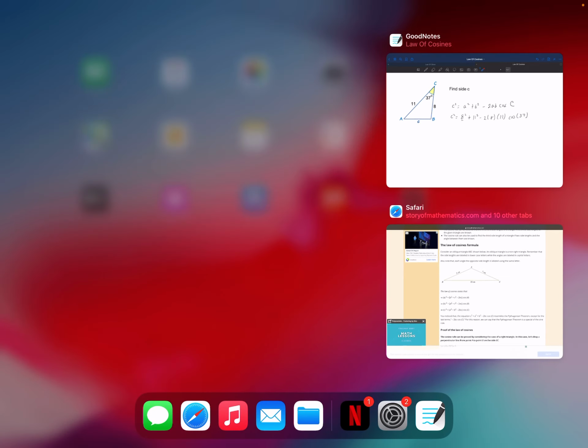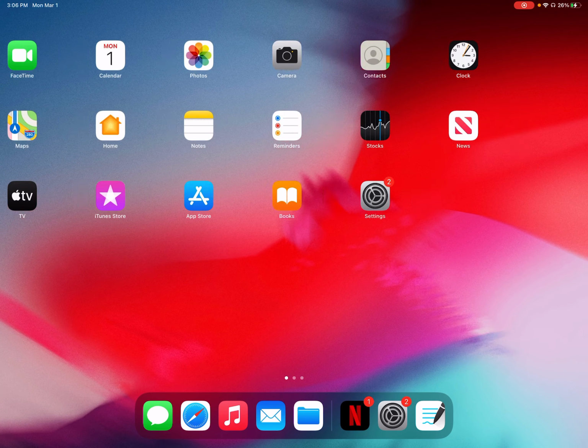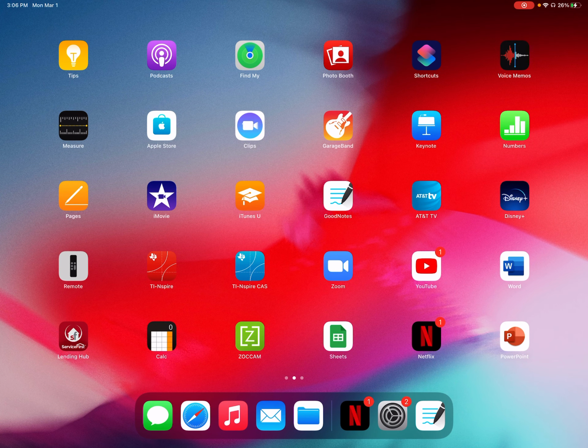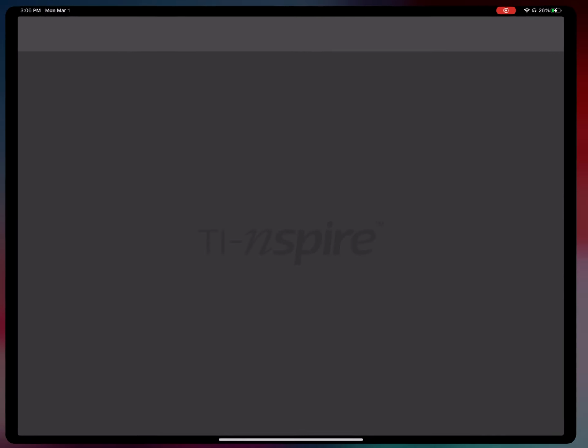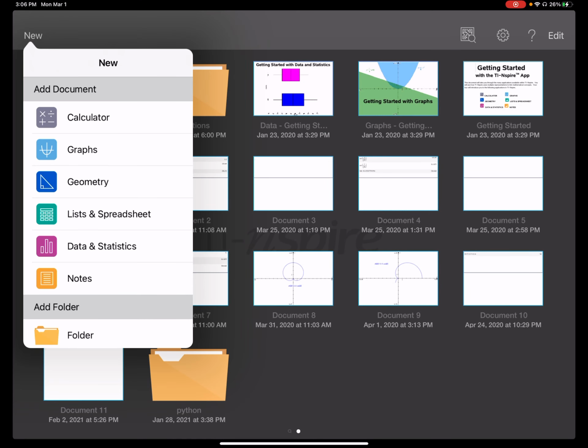So basically what we're going to do is just go to our calculator, plug it in, and take the square root. So I'm going to go to my calculator.